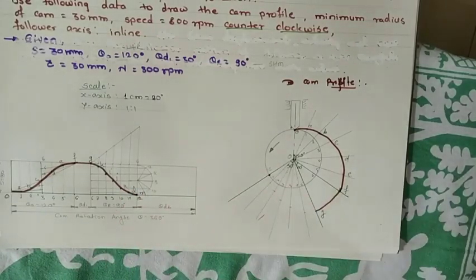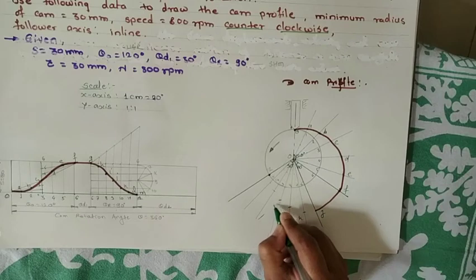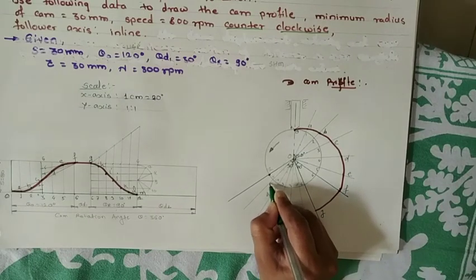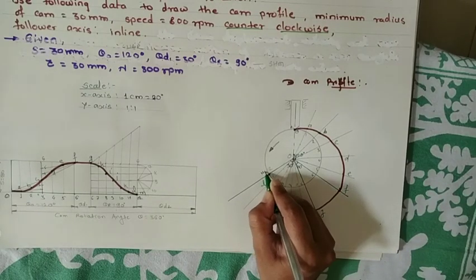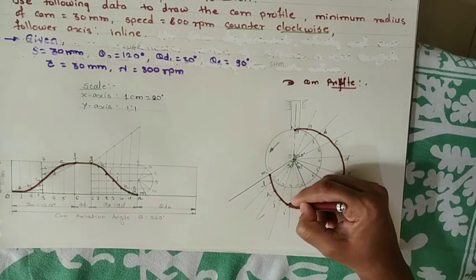So it is M. So give the names to these points: H, I, J, K, L, and M. Now join these points with a smooth curve.